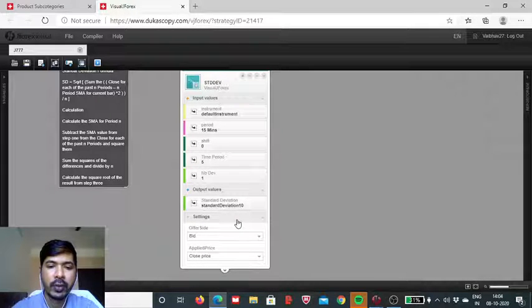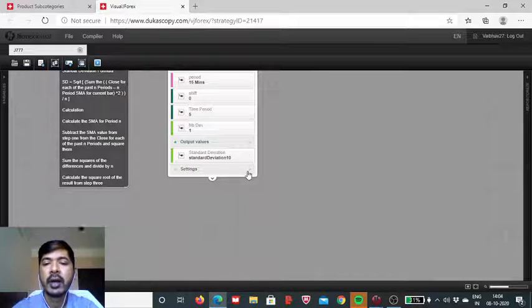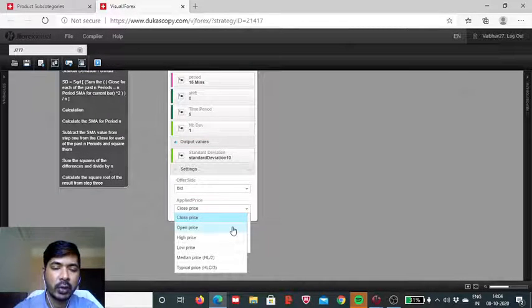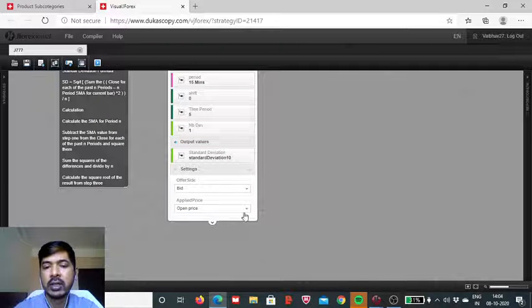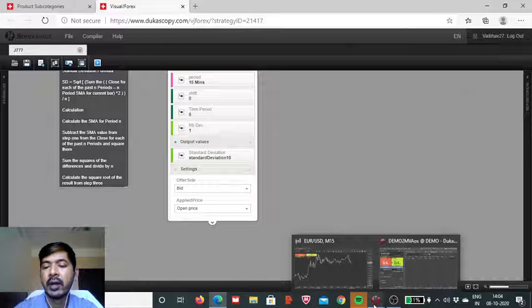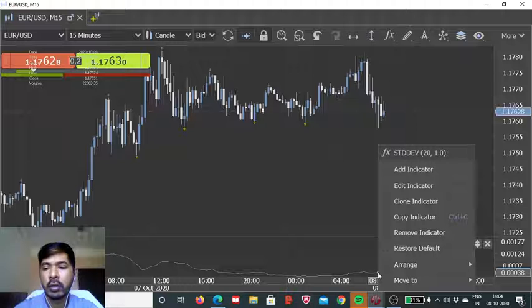And also we can change the applied price for the candlestick. Now we are taking into consideration the difference between the closing price and the SMA. If you want to change that, you can always do that. We have these listings: high price, low price, median price, typical price. All these are possible, and we can use those parameters also.